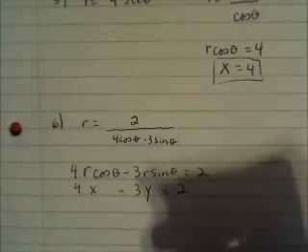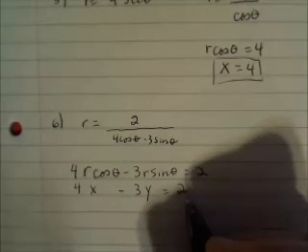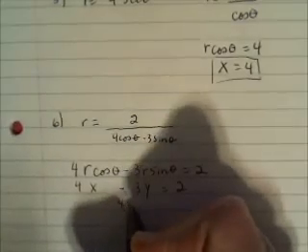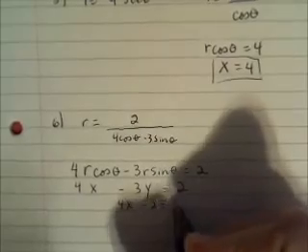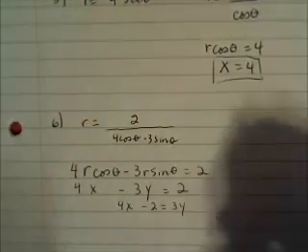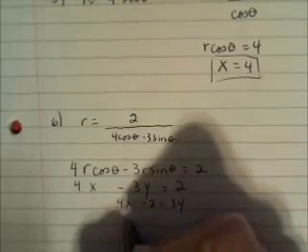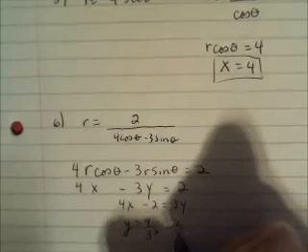That's in standard format. And if you wanted to solve this for y, you could subtract, actually I would add 3y to both sides, 4x, and then subtract 2. 4x minus 2 is equal to 3y, and divide everything through by 3, and then you get y equals 4/3 x minus 2/3.